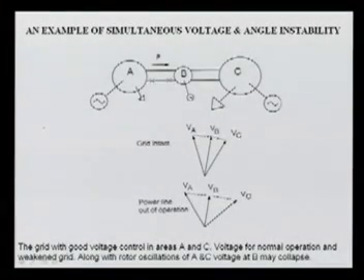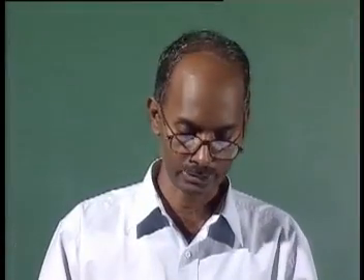To see an example of simultaneous voltage and angle stability, here you can see this is area A. This grid with good voltage control, in area A and area C, they have much more reactive power and are very strong in terms of voltage control.